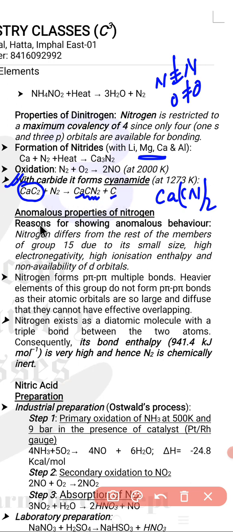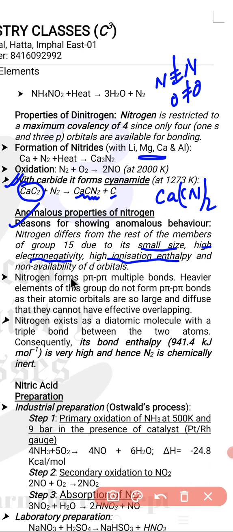Next point is anomalous properties of nitrogen, which is very important. I have already given the reason of nitrogen showing anomalous behavior: absence of d orbitals. Other reasons for anomalous behavior of nitrogen are its small size, high electronegativity, high ionization energy, and non-availability of d orbitals.